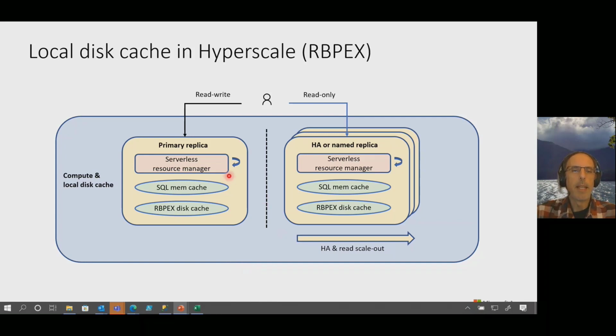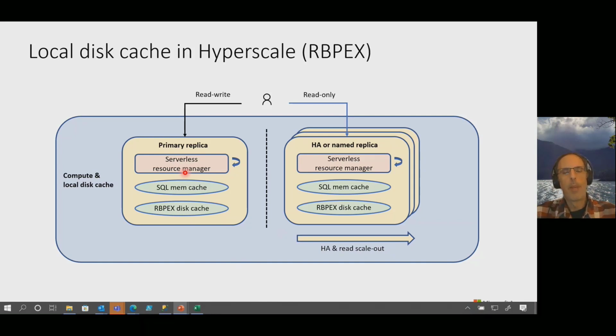Now you'll see that each replica instance has a serverless resource manager running inside of it that's responsible for the allocation and deallocation of both memory cache as well as RPBX disk cache. A key point to emphasize here is that because this resource manager is running on each replica instance, it's tuning the amount of resources that it provides and takes away in response to the specific workload demand on that particular instance.